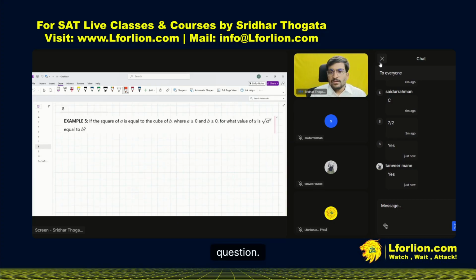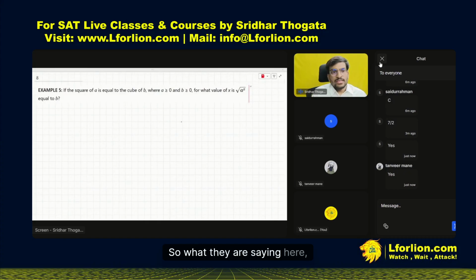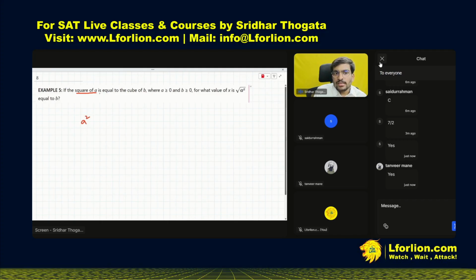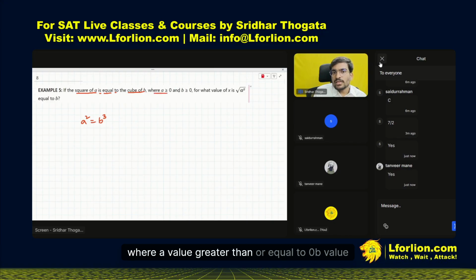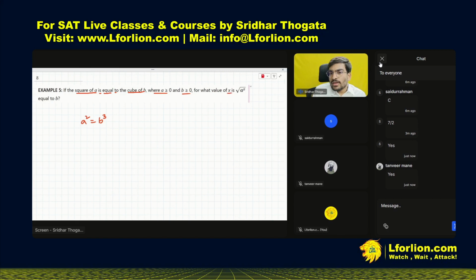Question, example 5. So what they're saying here: if the square of a is equal to the cube of b, where a is greater than or equal to 0 and b is greater than or equal to 0, for what value of x will root a raised to the power of x equal b?